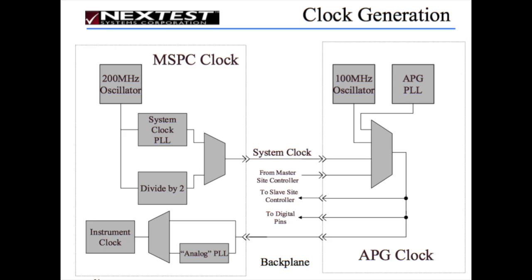That gives us our system clock, which can be used by the rest of the tester. So for that reason, the MSPC, the mixed signal pin card, is in charge of the clock for the entire 64 pins or 128 pins or 256 pins or 512 pins of digital and analog.